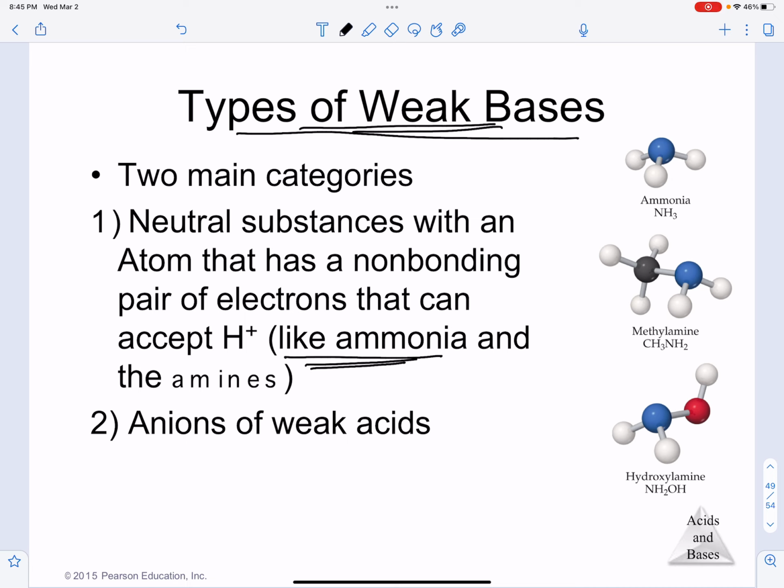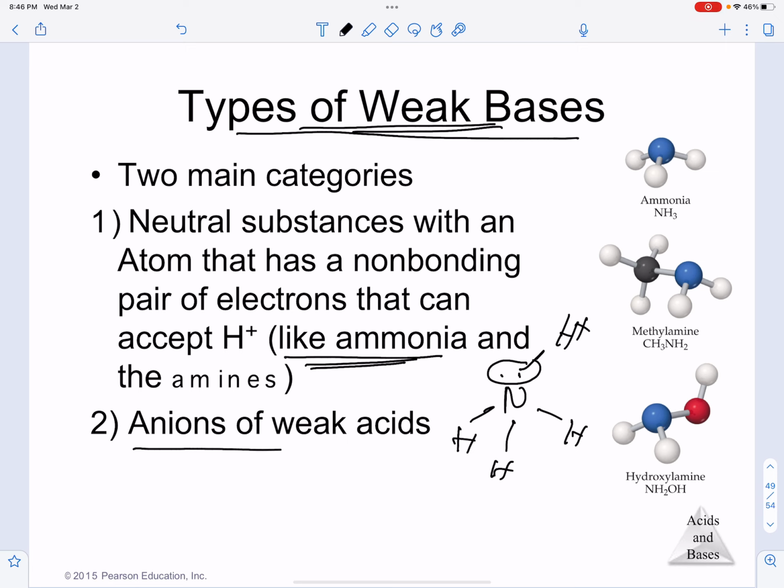And they're usually going to have a lone pair, like for example ammonia, which is going to be like this, with a lone pair there. So this lone pair can grab onto a H+, which needs two electrons, and that's how that becomes a base.